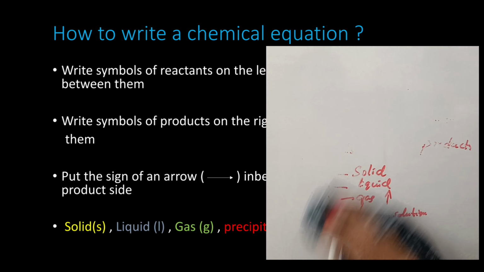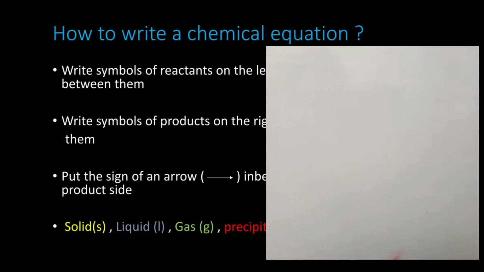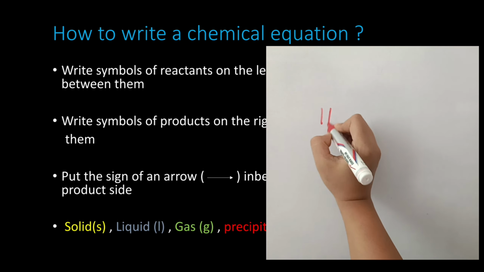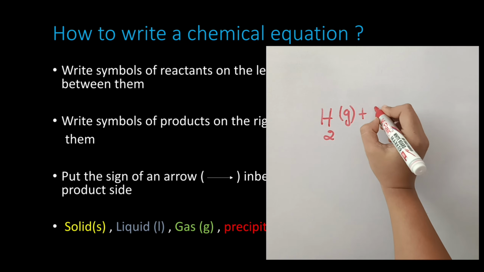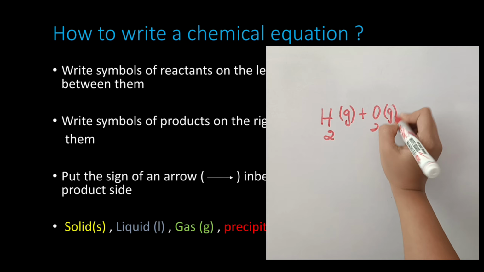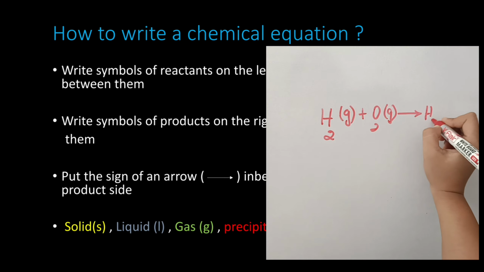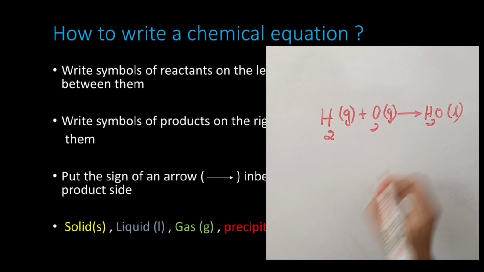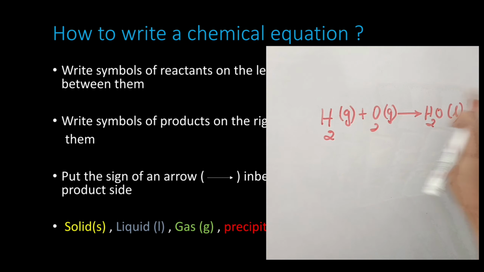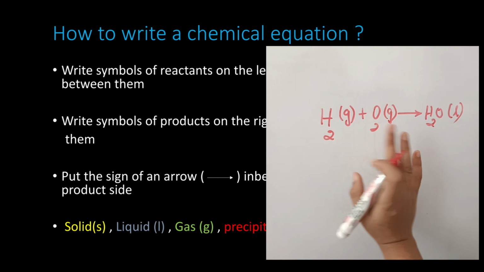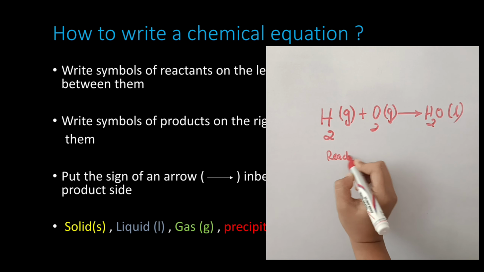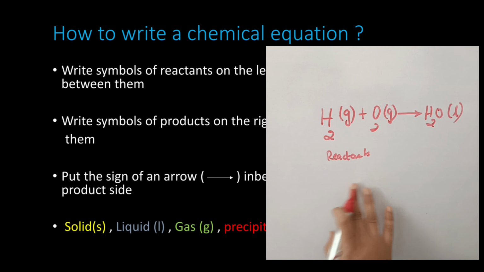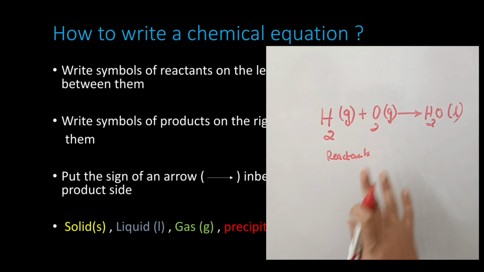Let's see an example. I take hydrogen, which is a gas. So I write it as gas, and oxygen is a gas, and H2O is formed, which is liquid in nature. When you see any chemical equation, what information do you get? On the left hand side, you see these are the reactants, and they are reacting.